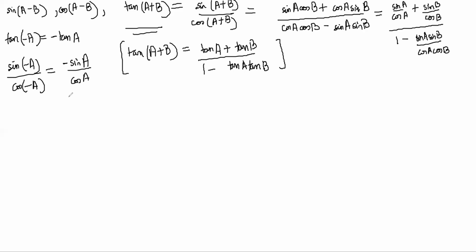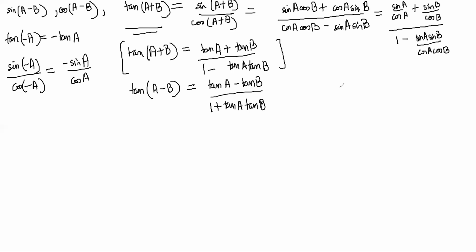So tan of minus a becomes minus tan a, no? So in this formula, if I put minus b instead of b, it will become tan a minus tan b by 1 plus tan a tan b. Correct? So now there is a direct way to get tan for 75 degree or tan 15 degree.